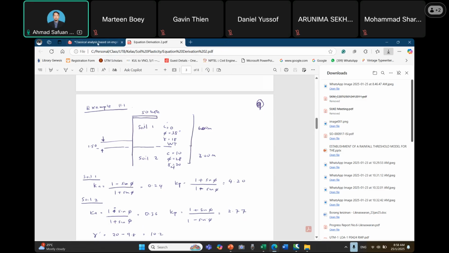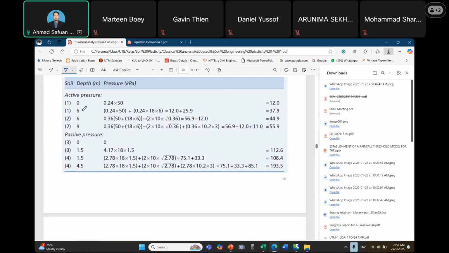That is why in this example, they have first calculations at 6 meters to represent soil number 1 and another at 6 meters to represent soil number 2. If you refer to some of the textbooks, they explain this is called slightly above and slightly below, because we have different values of C and phi for the first soil layer and second soil layer.